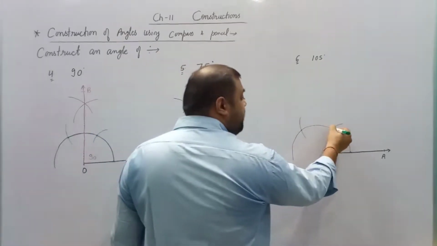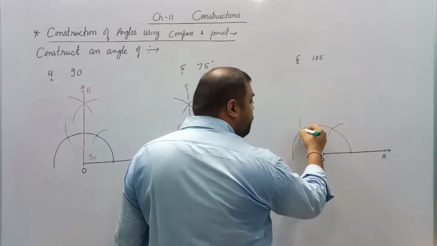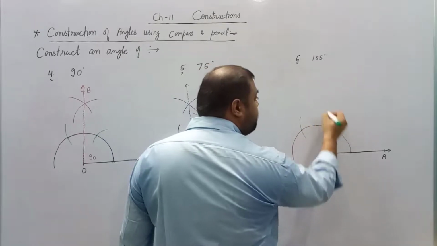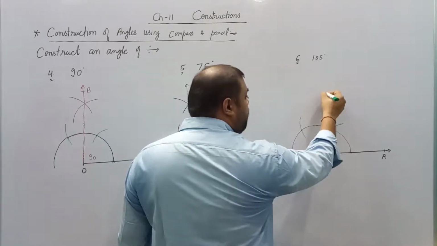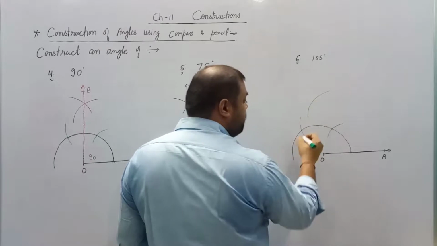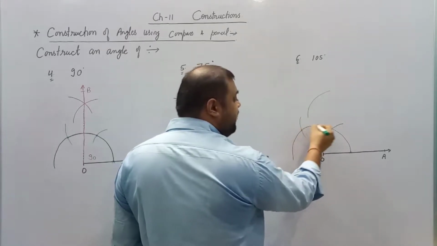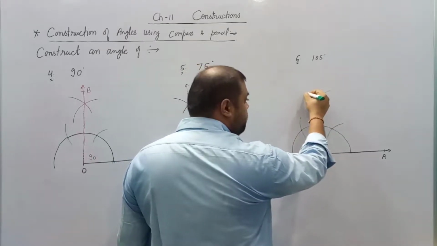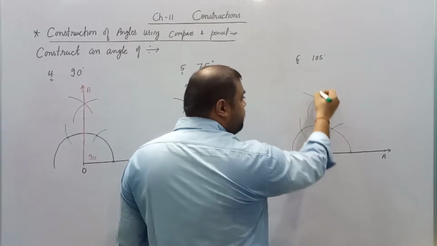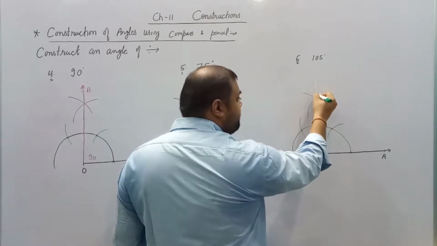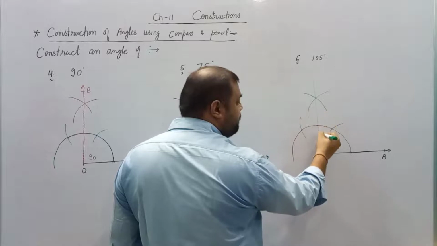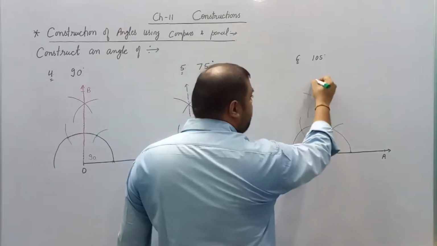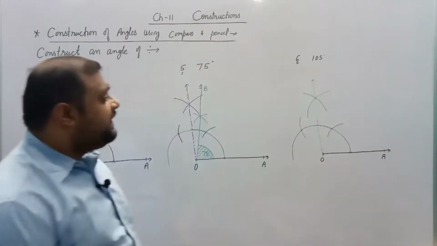Taking this point as center and more than half of this arc, draw another arc. Taking this point as center and more than half of this arc, draw an arc. So we get 90 degrees.